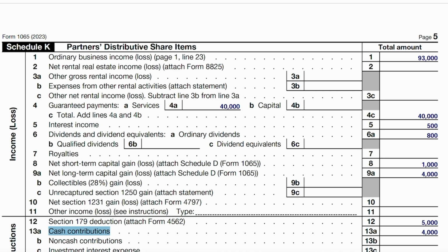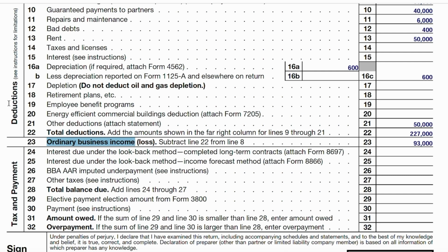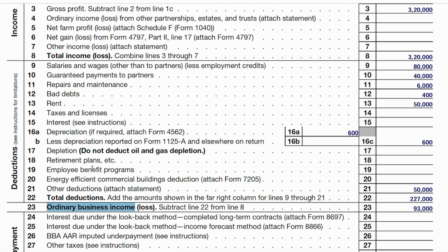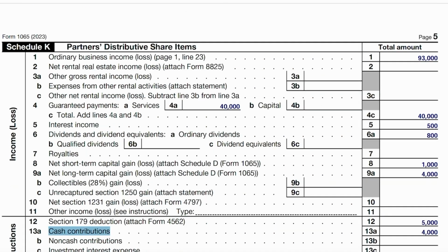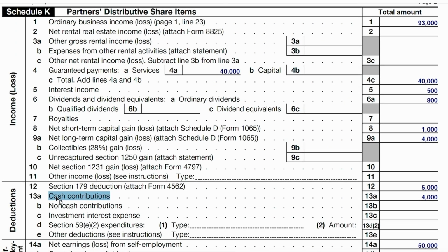Let us say it was shown over here in the deduction section, then this charitable contribution would be included in ordinary business income, and partners would not be able to identify it. Partners can take the deduction for this contribution at their level as an itemized deduction based on their AGI, adjusted gross income. That is why this is also separately stated.